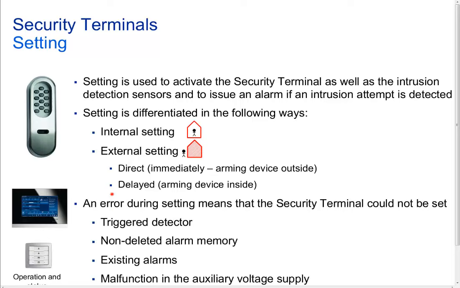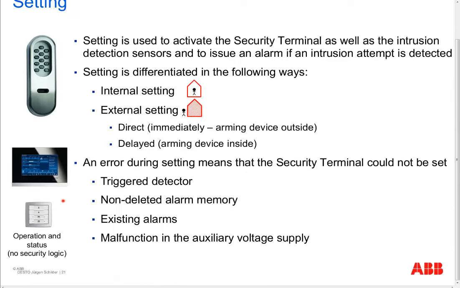In this case, you activate delayed setting. So first of all, you start the setting process here at the touch panel. And then you have a certain time to leave your house. After you've locked your door, the real setting process will be finalized and your alarm system is active. So you have different options depending on the programming you have done.